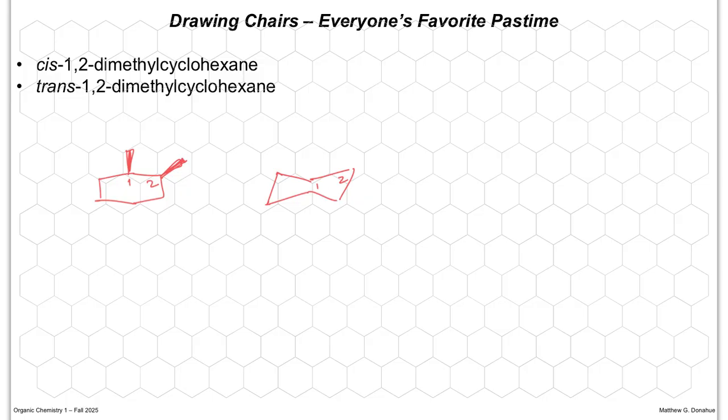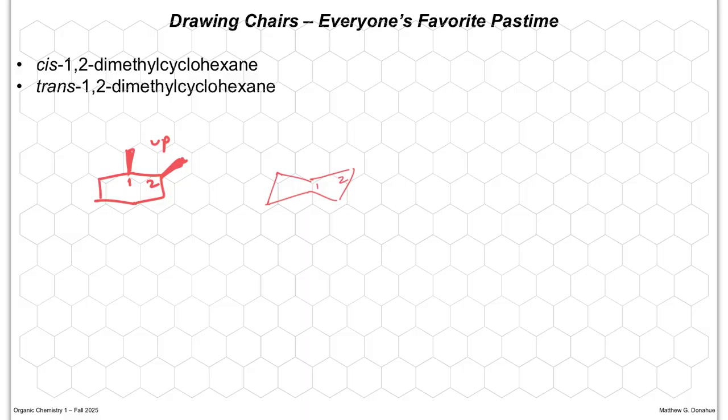So the methyl group on carbon 1, am I going to draw that axial or equatorial? Remember, the wedges are coming out towards you. So you're, again, looking at this at a 90-degree angle.